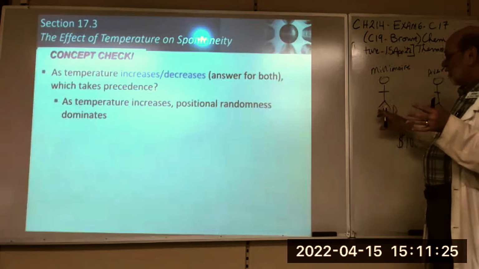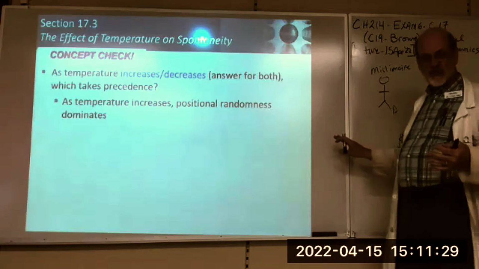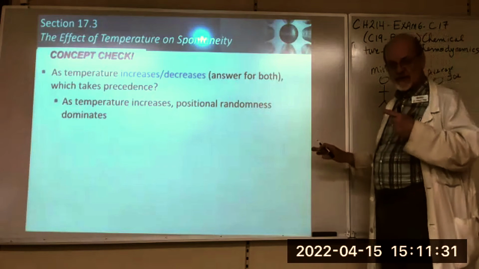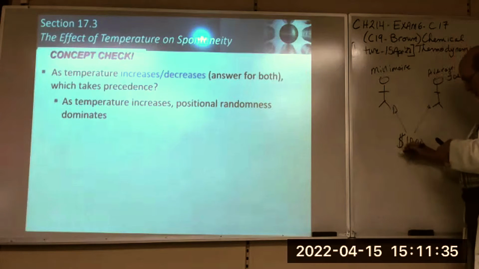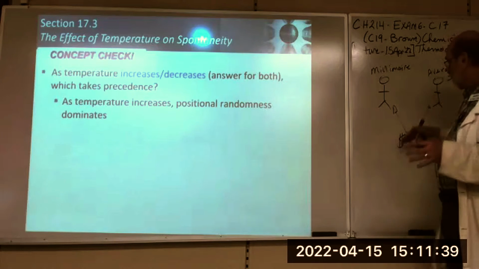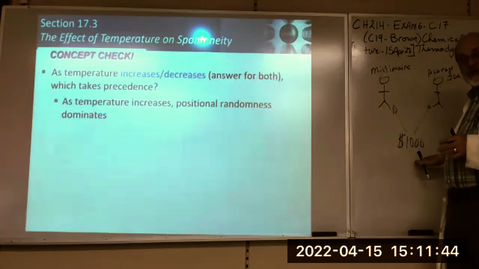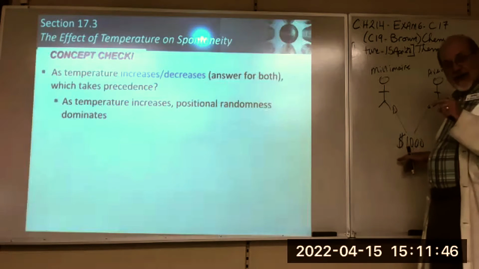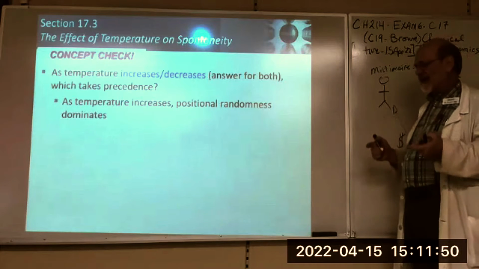So in this case, the dominant process is positional randomness. That's what makes the difference. Whereas with this guy, this added wealth or energy makes all the difference. So if he's already at low energy, then energy randomness is preferred to positional randomness. I hope that makes sense.